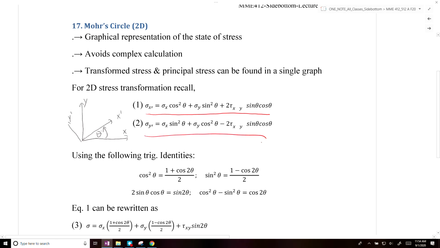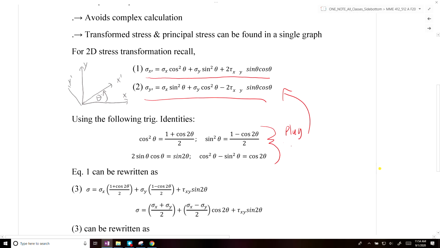What we're going to do now is use the following list of trig identities and plug them into the above equation. For cosine squared theta, we can plug in (1 plus cosine of 2 theta) over 2.